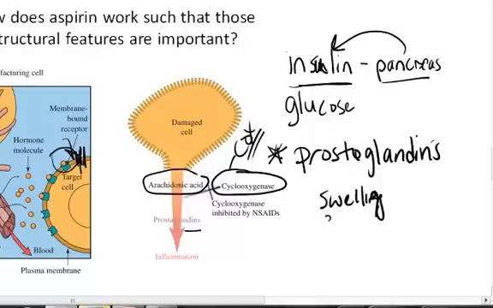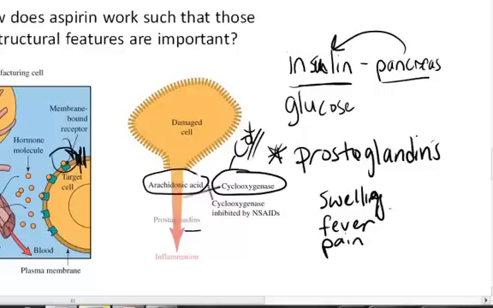Other prostaglandins cause fever, because fever, increasing the temperature of your body, can kill off some bacteria and viruses. And also pain. It increases the sensitivity of pain receptors, so that there's something wrong with that part of your body and you'll tend to it. Okay, so it's really an amazing chemical chain of events, the prostaglandins, that is, of how this simple little fatty acid is converted to prostaglandins, which then send all these chemical signals.